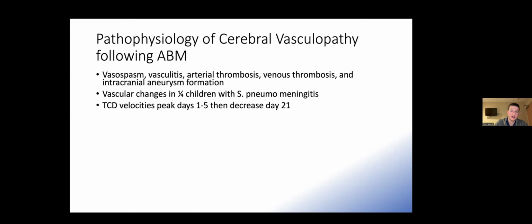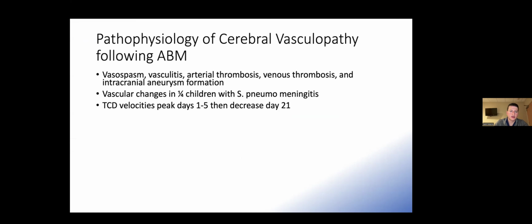The pathophysiology of cerebral vasculopathy in acute bacterial meningitis, just like many topics within meningitis, is not fully understood. What we think is occurring is a multifactorial vasculopathy, that being vasospasm, vasculitis, arterial thrombosis, venous thrombosis, as well as delayed intracranial aneurysm formation.